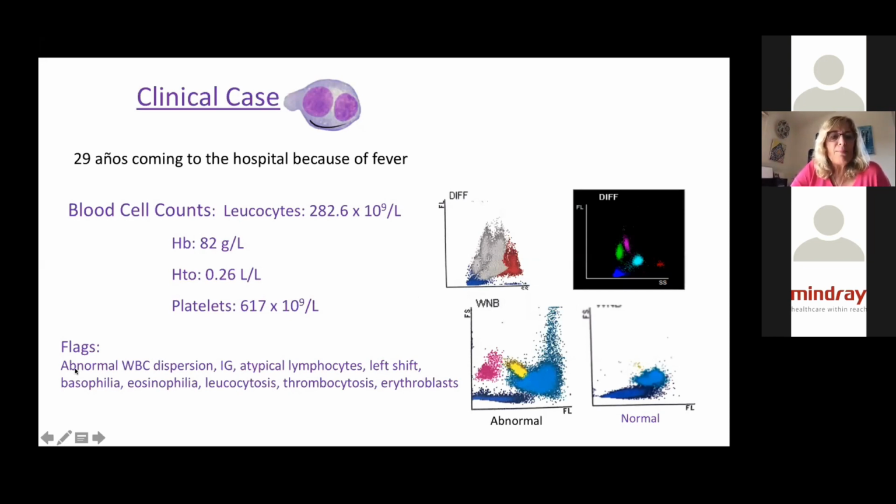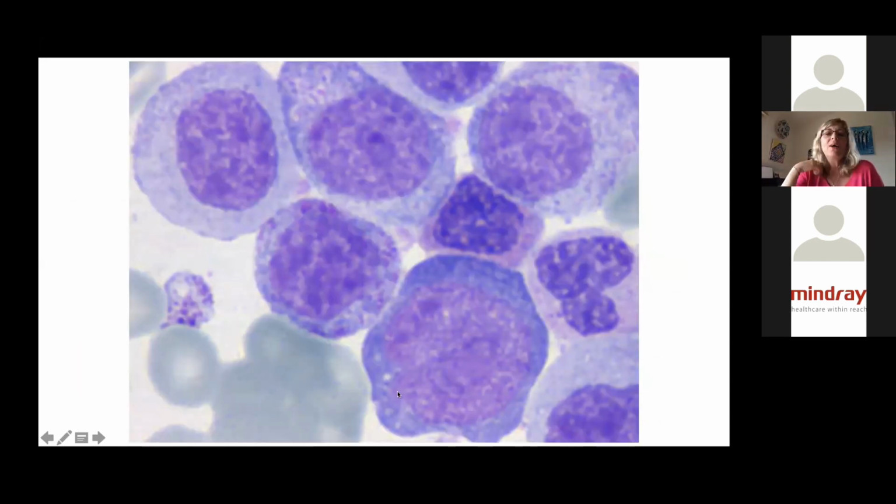Flags were abnormal leukocyte dispersion, immature granulocytes, atypical lymphocytes, left shift, basophilia, eosinophilia, leukocytosis, thrombocytosis, and erythroblasts. Wow, a lot of immature granulocytes here, promyelocytes, myelocytes, basophils. This is a blast cell.